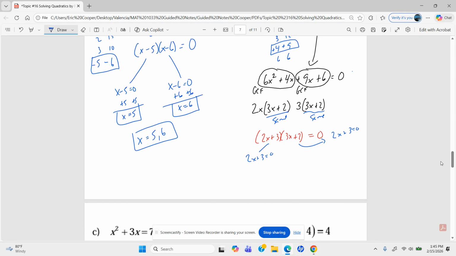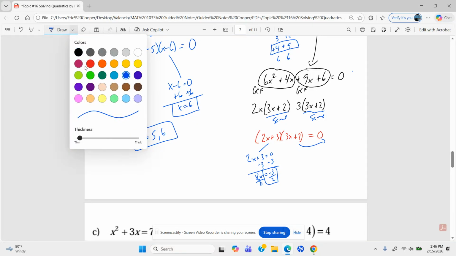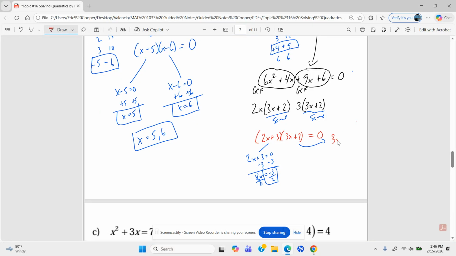As I do that, it's a 2-step problem. I'll minus 3 over here and divide by 2. So one of my solutions is negative 3 over 2. Here I will go through. Oh, I wrote the wrong one. Let me fix that. Over here, this one should be 3x plus 2 equals 0.